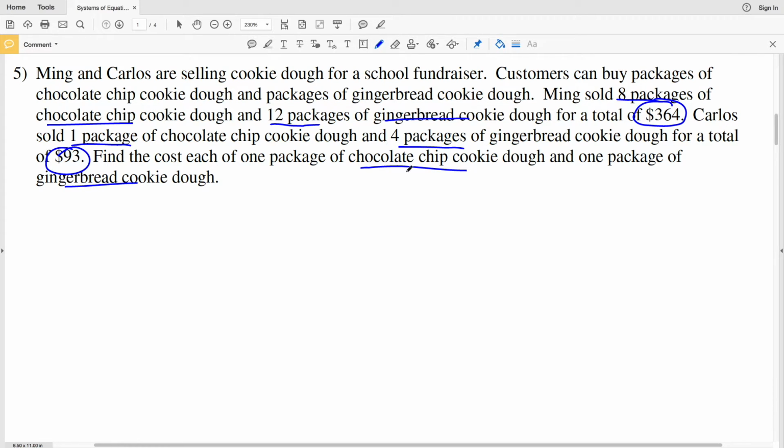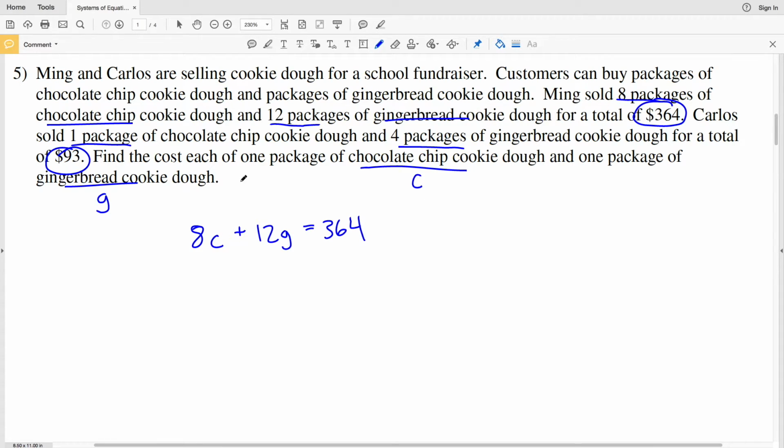Now we're to find the cost of 1 package of chocolate chip and 1 package of gingerbread. So let's have that cost of the chocolate chip cookie dough be C and the cost of the gingerbread cookie dough be G. So now we can set up our system. If Ming sold 8 packages of the chocolate chip, so 8 times C, and Ming sold 12 packages of gingerbread, that will be plus 12 times G. So the 8 packages times the cost of the chocolate chip package plus 12 packages of gingerbread times the cost of the gingerbread, that will equal the total of $364.